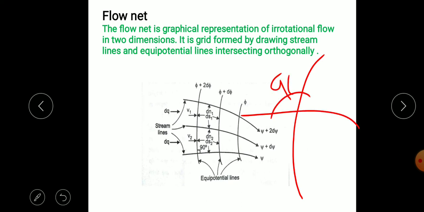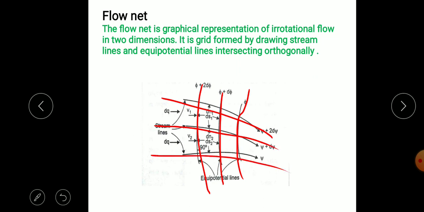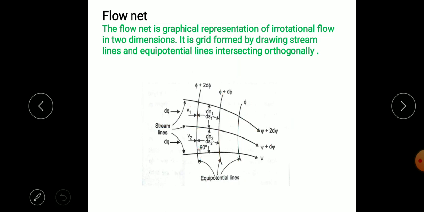That means the angle between them is 90 degrees. So we form the grid by drawing the equipotential lines and the streamlines, the stream function lines, and we get the flow net. Here we have drawn the flow net.